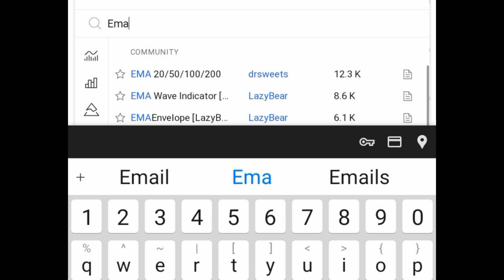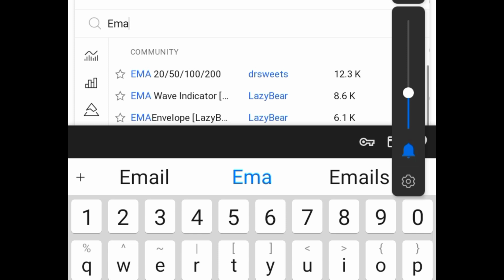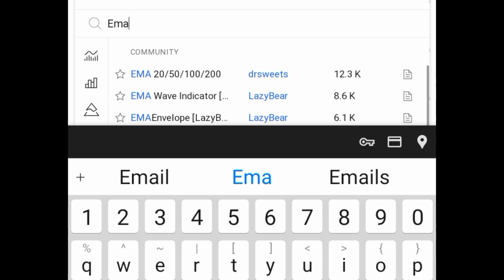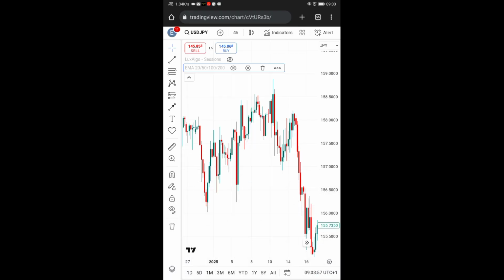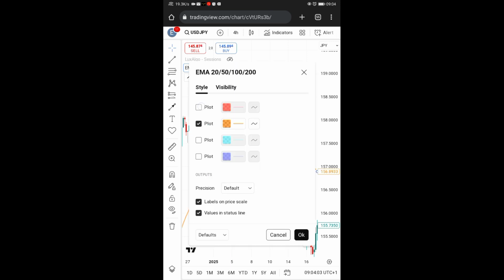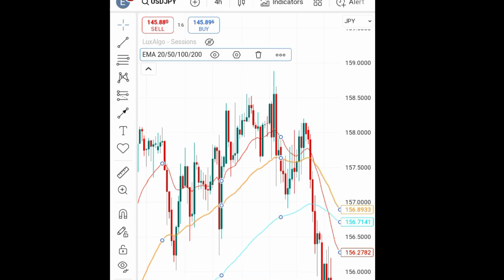You click on it. Once you click on it, this indicator will appear on your chart. Then there is something you are going to do: you go to the settings, because this is how this indicator will appear on your chart.